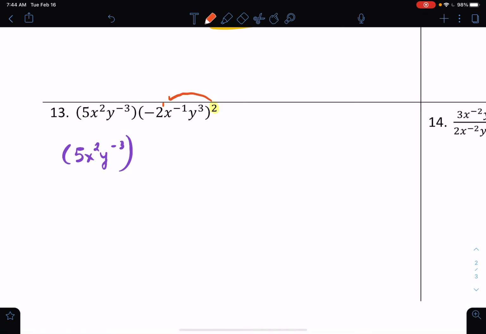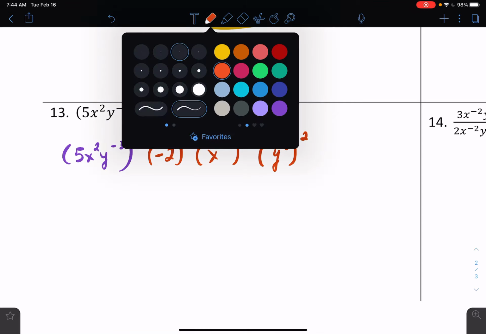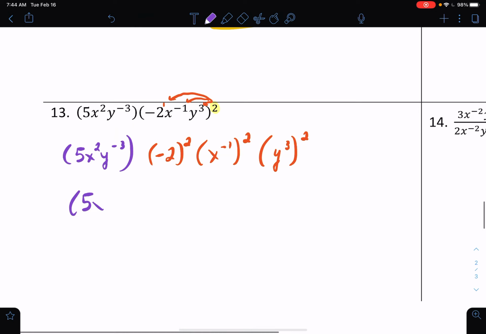So I'm going to distribute this. Don't forget the 2. So we're taking negative 2 squared, x to the negative 1st squared, and y to the 3rd squared. Again, the first one can stay the same for right now. We're not ready to deal with it yet.